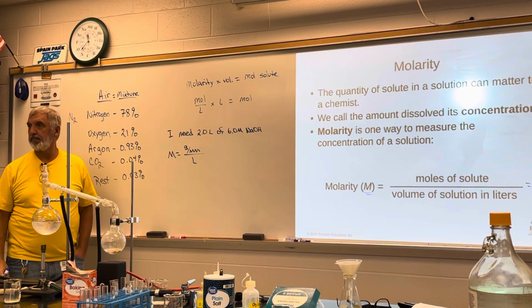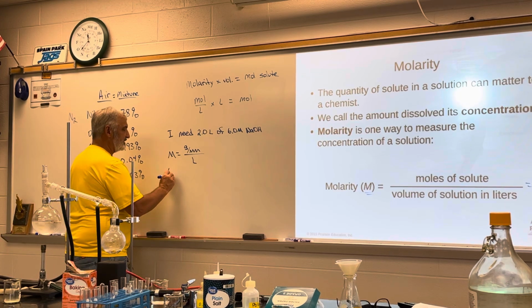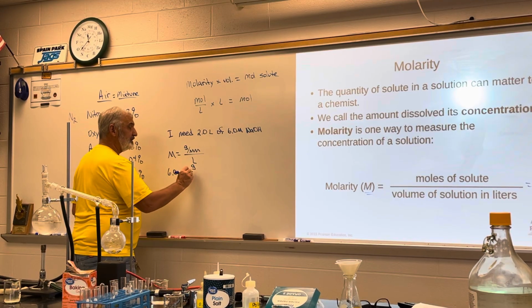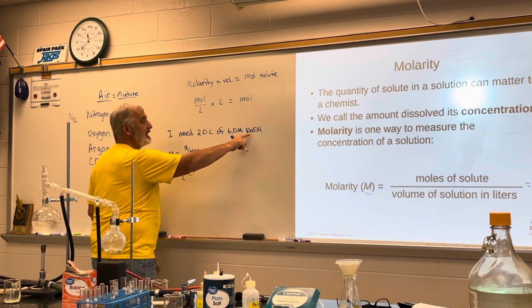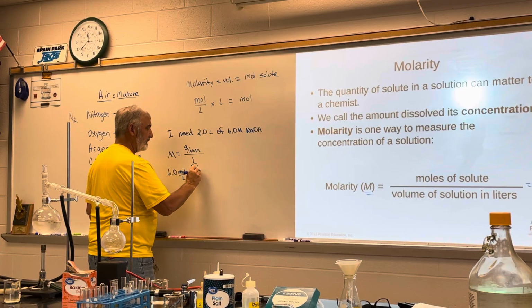Right? So I know I need it to be 6 molar, and we can even go 6 moles per liter, is equal to, the question is how many grams do I need to measure out, divided by the molar mass of NaOH. 16 plus 1 is 17 plus 23, it's 40 grams.